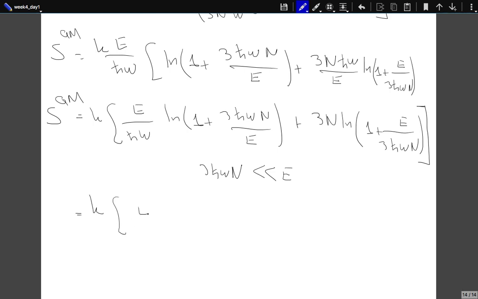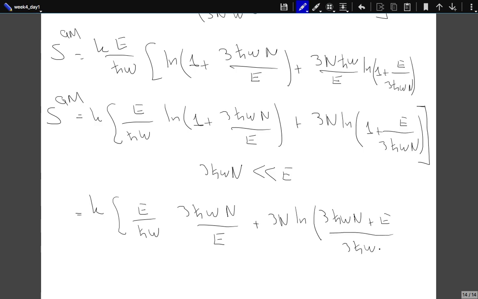K times E over h bar omega. Well, this is very small, so this is 3h bar omega n over E, approximately, plus 3n logarithm of 3h bar omega n plus E over 3h bar omega n.